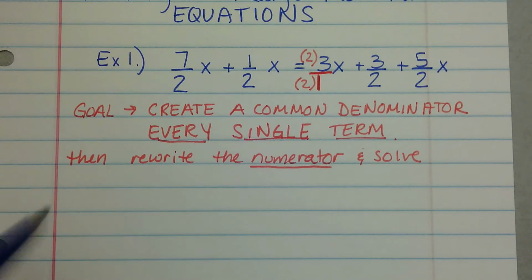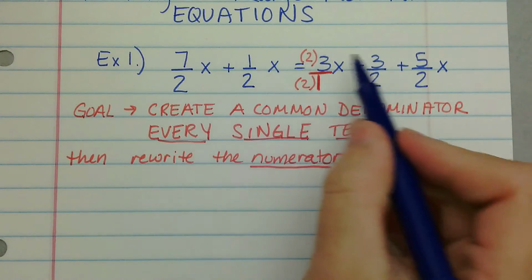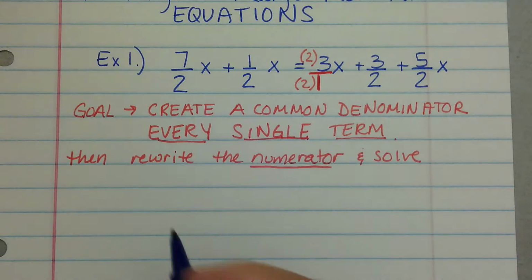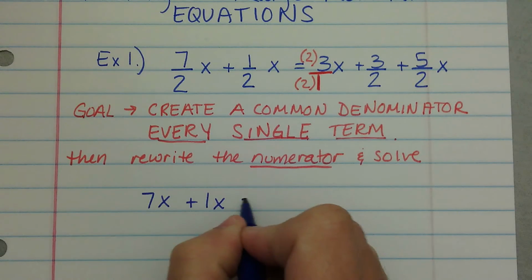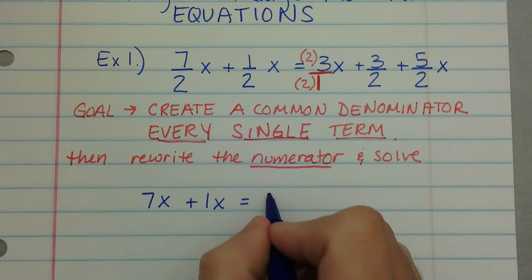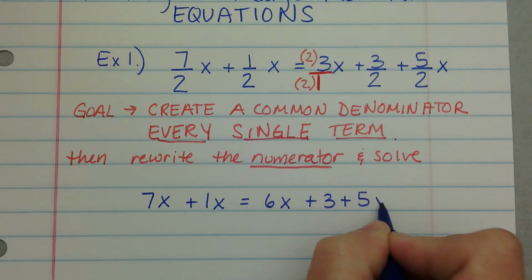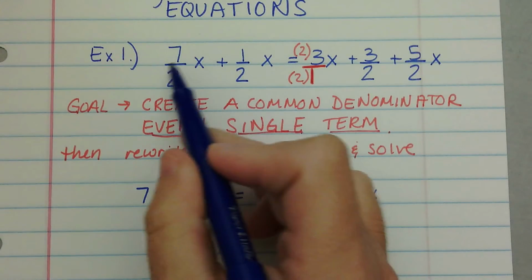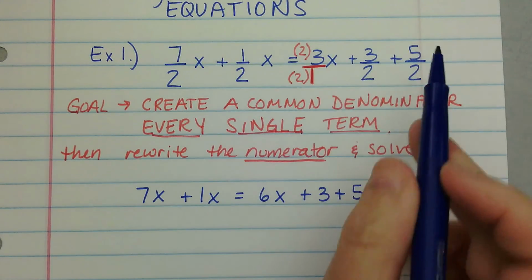Now I don't need to worry about the 2's. They're all an equal playing field. So now I'm just worried about the top. So I'm going to rewrite the numerator. My numerator is 7x plus 1x equals, this is where I have to actually multiply this, 2 times 3x is 6x plus 3 plus 5x. So again, once we get all the denominators to be the same, the tops we just write down and we solve.